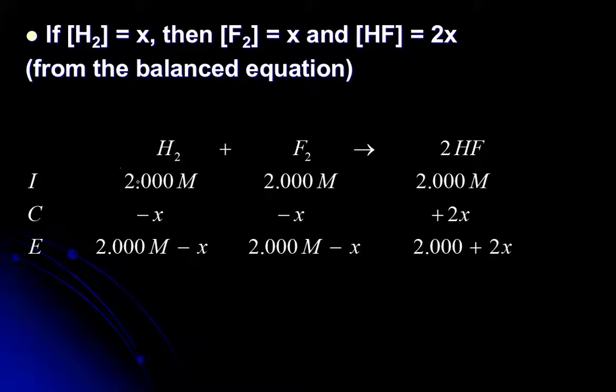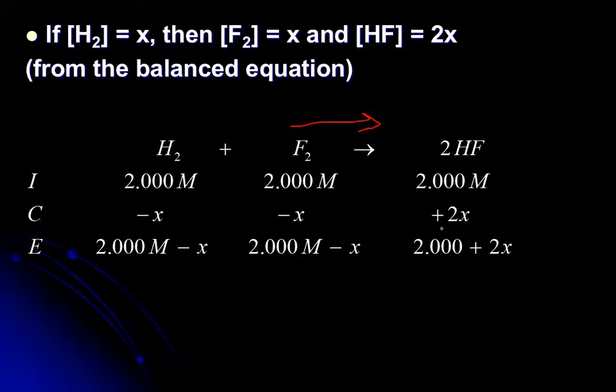We look at our ICE box here. There's our equation. These are our starting amounts that we calculated from the 3 moles in 1.5 liters, so that's where our 2 molar comes from. We decided we were shifting to the right. Now, how do we assign those unknowns? Notice these two have a coefficient of 1 and this has a coefficient of 2. So I put 1x here, 1x here, and a 2x here.